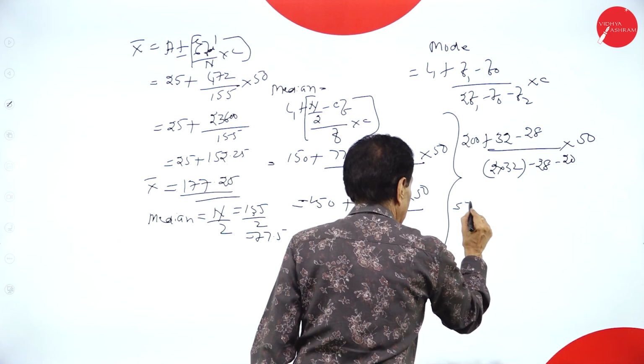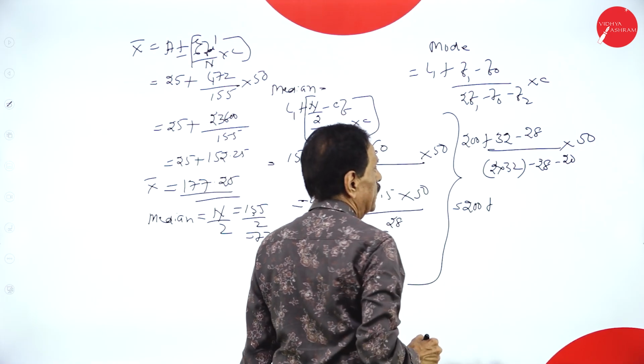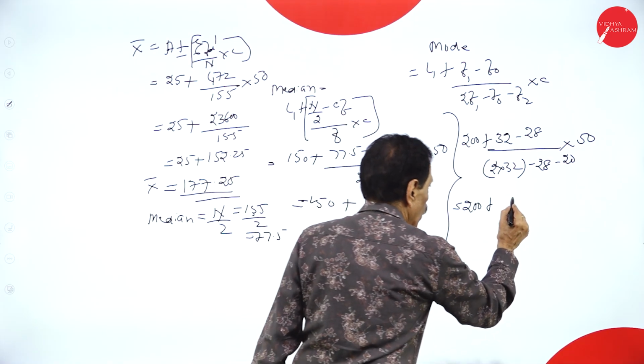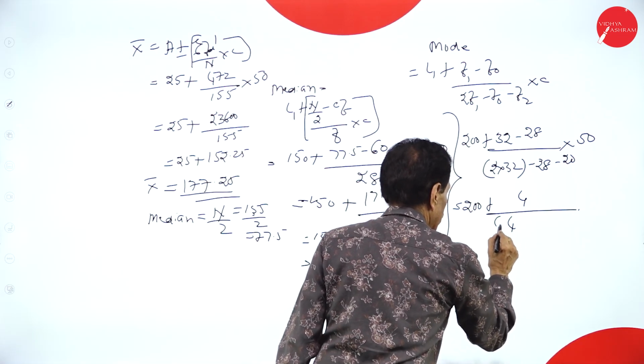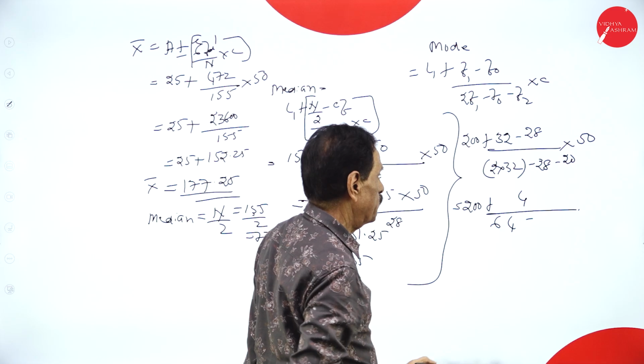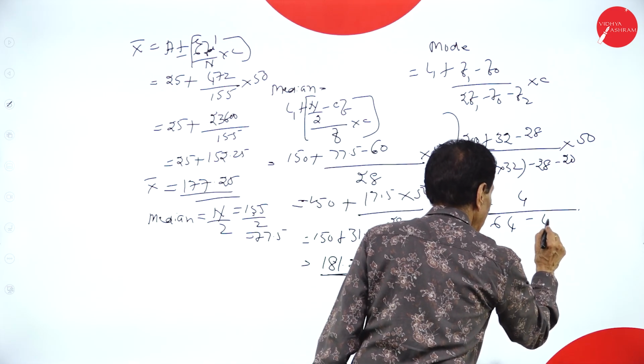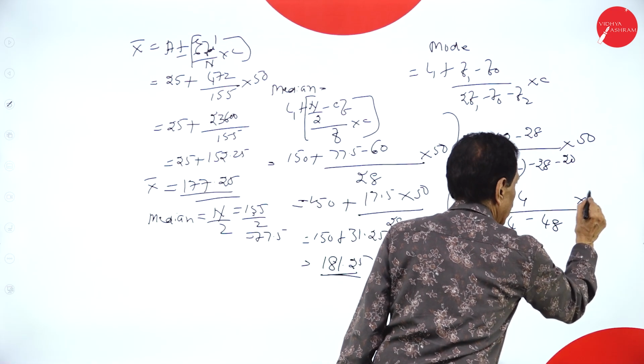This is 200. 32 minus 28 is 4. 64, 28 plus 20, 48, 64 minus 48 into 50.